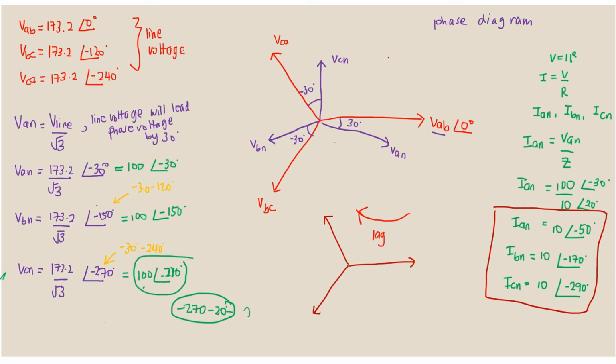This is the phase diagram for the voltage, and this is the phase diagram for the current. You can say that this is IAN.